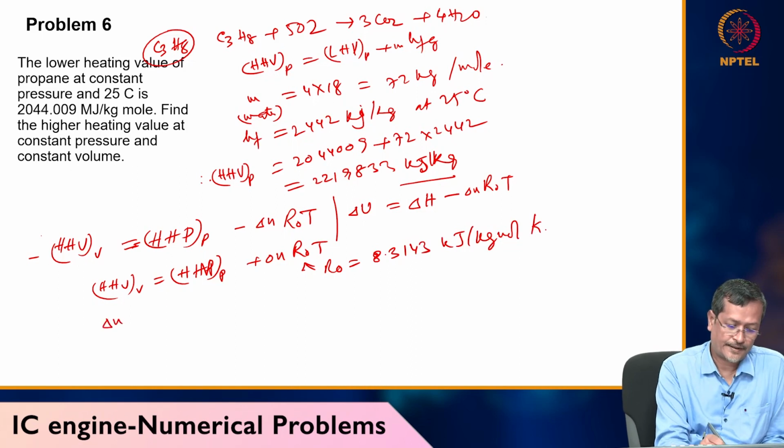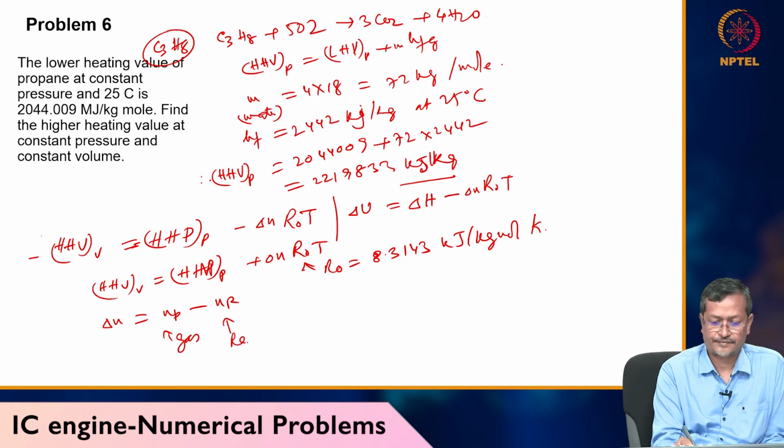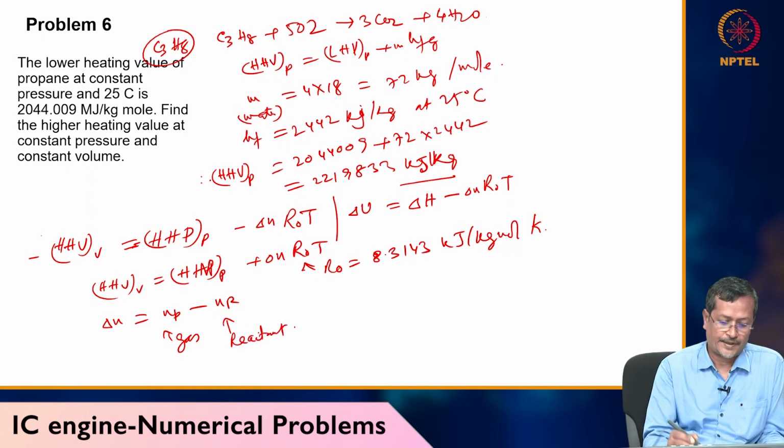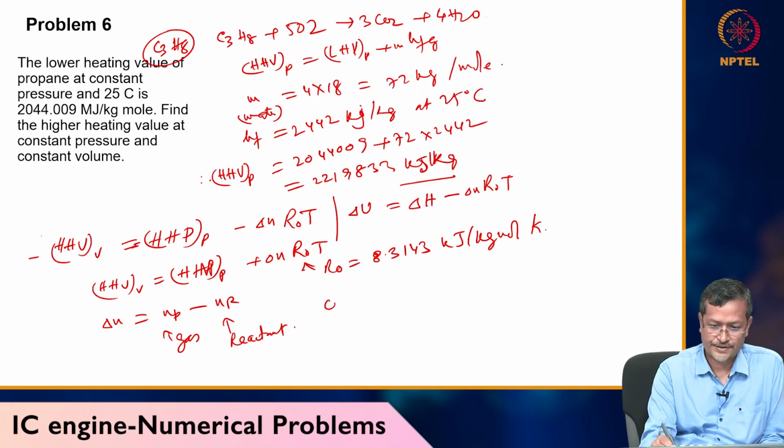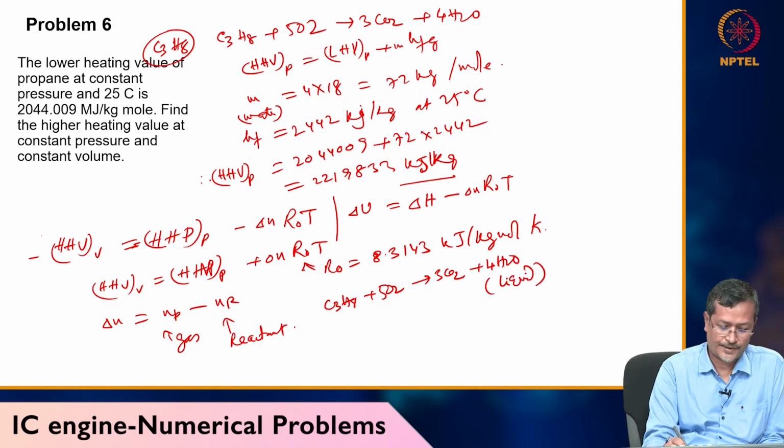So delta n equals Np minus Nr, where Np is the number of moles of gaseous product and Nr is the number of moles of gaseous reactant. Now the reaction is C3H8 plus 5O2 gives 3CO2 plus 4H2O, now liquid. So delta n equals 3 minus (1 plus 5), which equals minus 3.